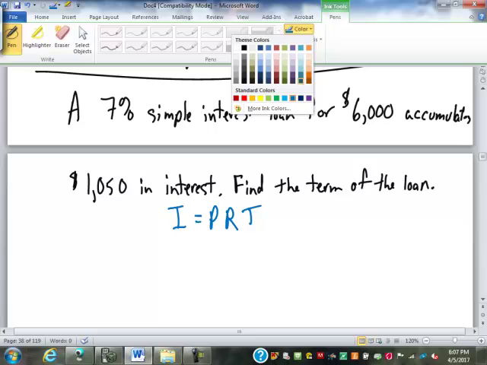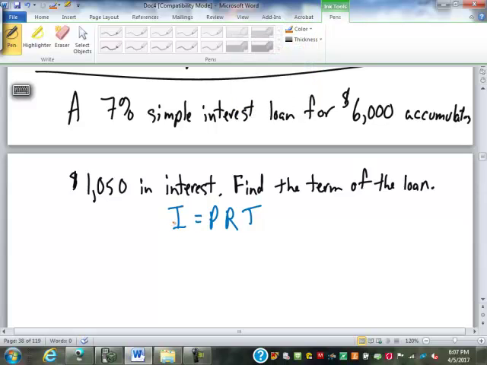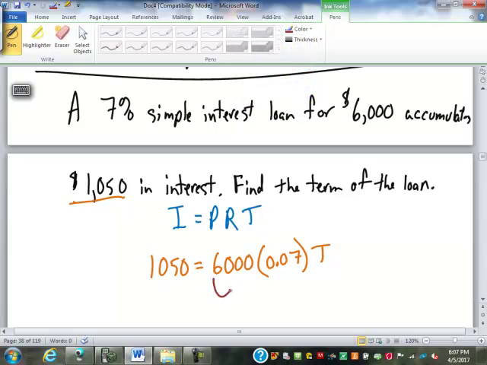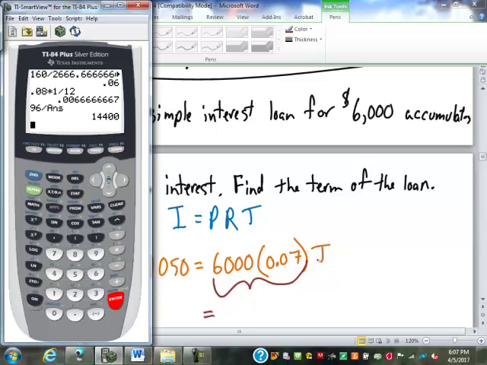So I equals PRT. Do we know I? Yes, what is it? Careful. I is the dollar amount, yes, 1,050. Do we know P? 6,000. Very good. Do we know R? 0.07. And we are looking for T then. So here, we're going to combine the 6,000 times 0.07, which is what, 420?